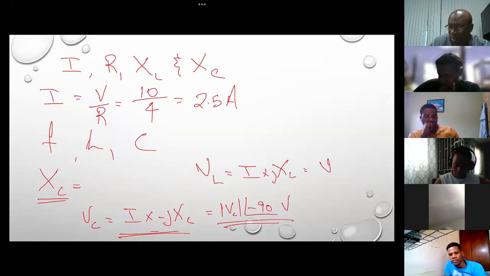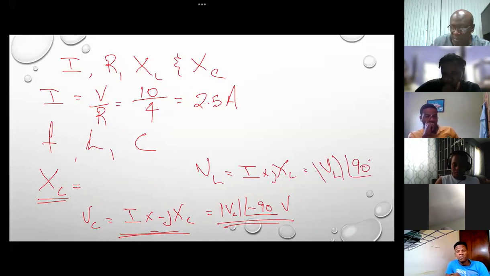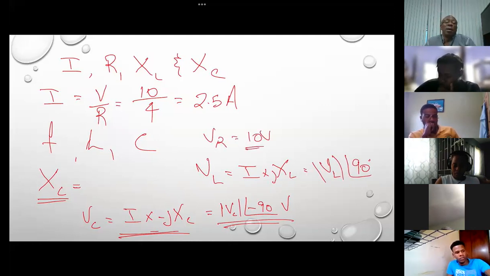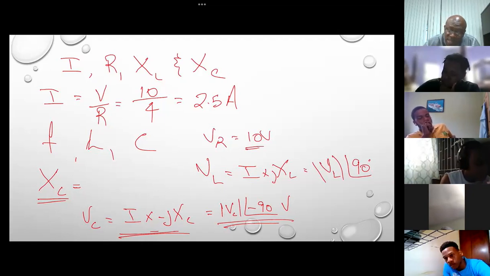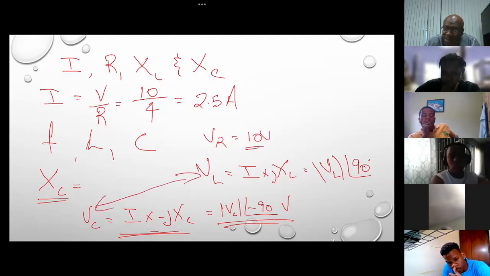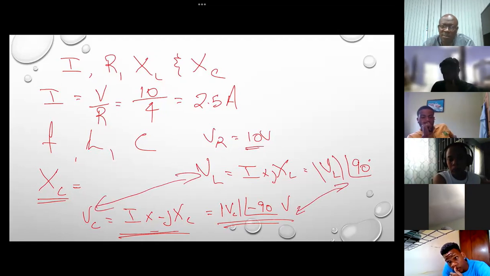So whatever it works out to, it would be at 90 degrees. And for R, it would simply be 10 volts. Are we clear? Because remember what I said before, VC and VL are equal, but they are 180 degrees out of phase. That is why they cancel each other.